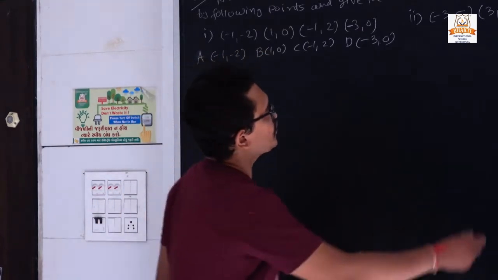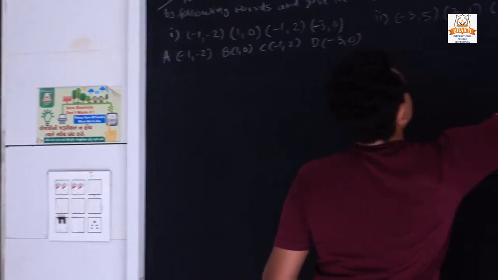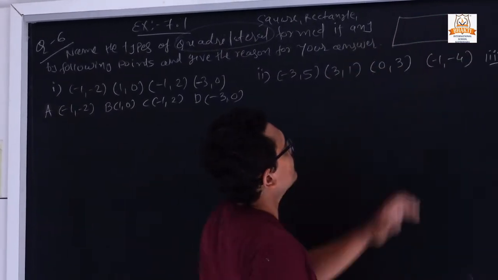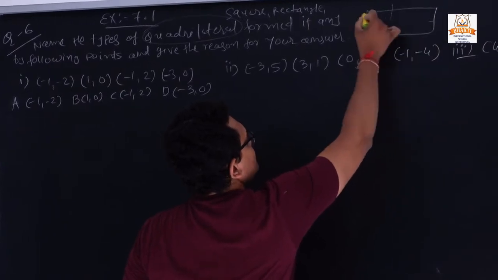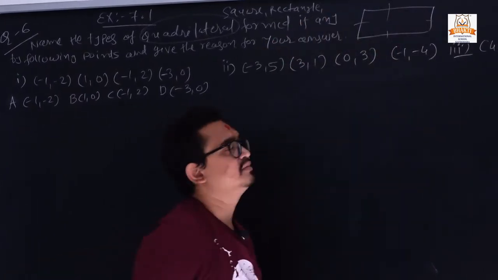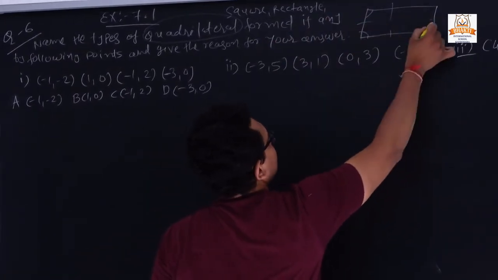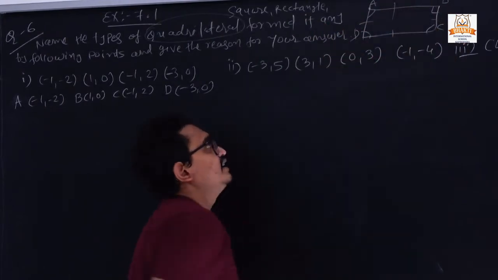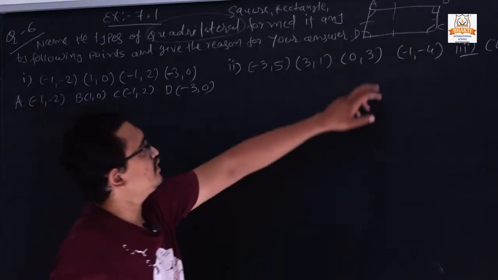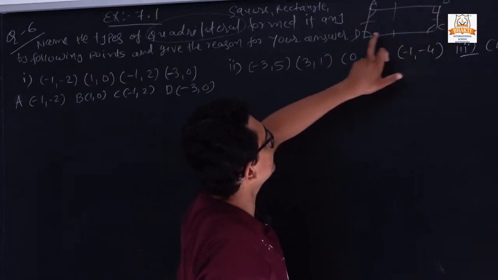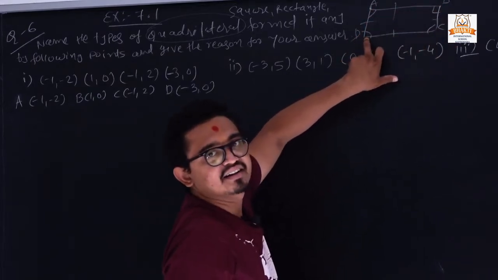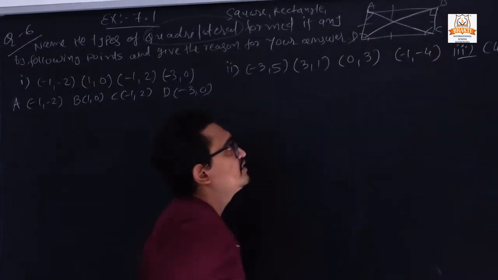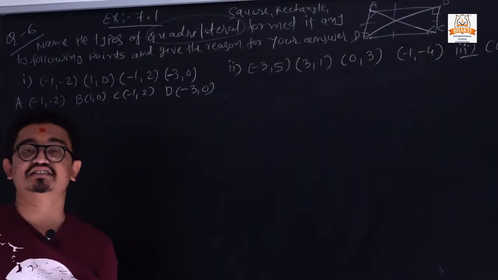If you draw a rough quadrilateral shape, it has 4 sides, 1, 2, 3, 4, and 4 angles, which we name A, B, C and D. So first we find AB, BC, CD and AD, and we also find its 2 diagonals. Clear? So we need to find the 6 things.